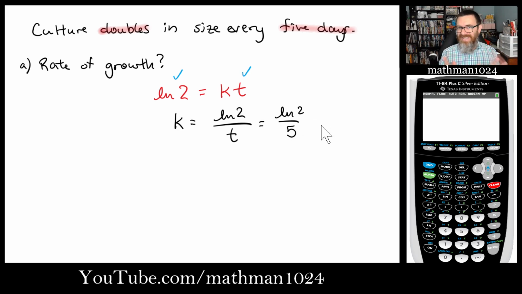Now keep in mind that is an exact value. But we want to come up with some kind of approximation so that whenever we work this, we are just working with a decimal, and we have something a little bit nicer to see there. Okay, so we have natural log of 2 divided by 5.